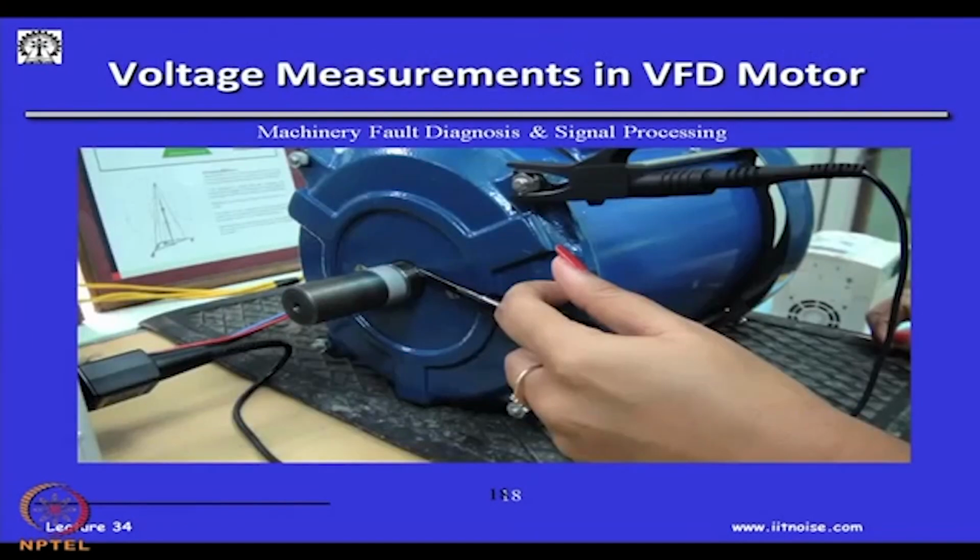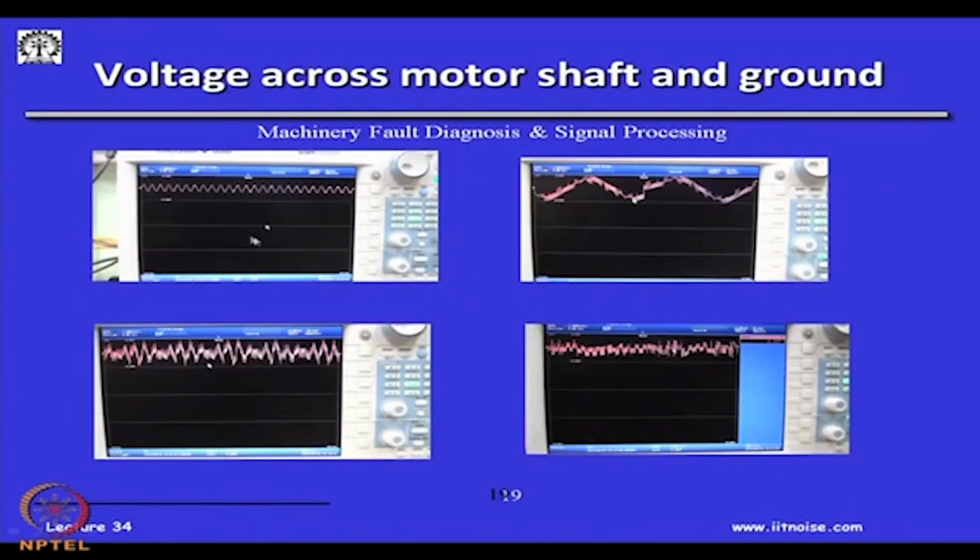And what we did in our lab is basically we measured just the voltage on the shaft. Here, of course, we are measuring it, and then we recorded it, voltage across motor shaft and ground. It is a normal case. But when you have the VFD drives at different frequencies, we have seen how these frequencies are there, and then they discharge and they actually damage.